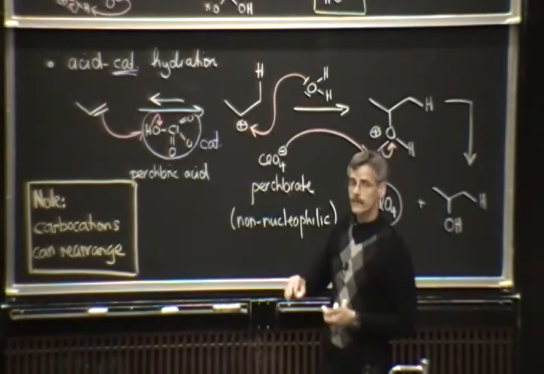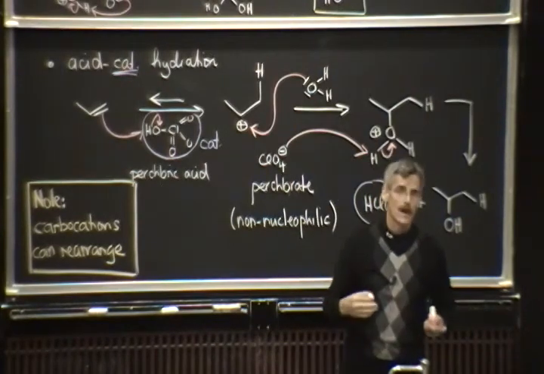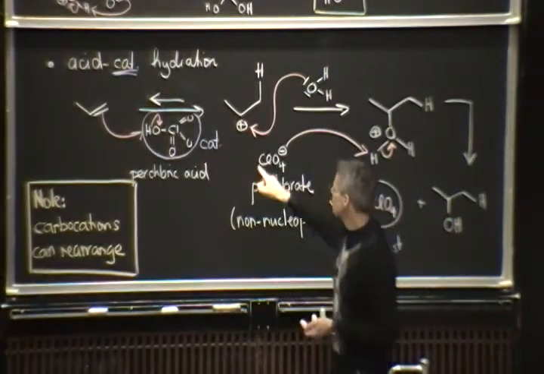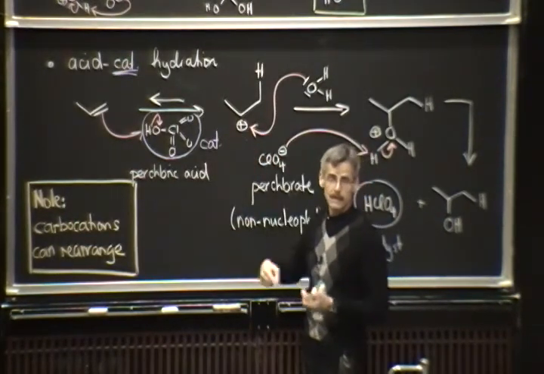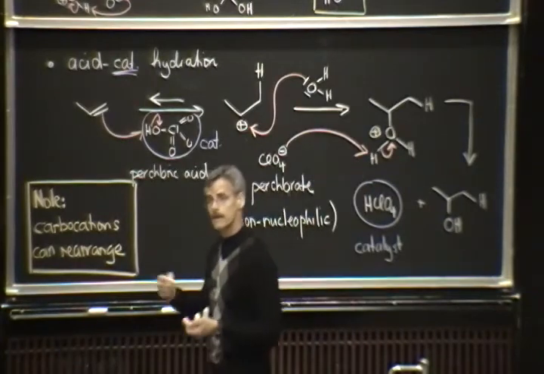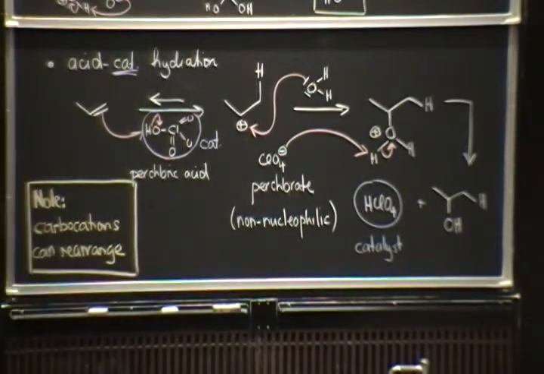So I use a simple example to illustrate the principle, but if you have a more highly substituted system, these intermediates could rearrange and form a tertiary carbocation, and then that would be a competitive pathway that might give you, again, another product. And so by the selection of what acid you use, you might actually be able to influence the rearrangement, maybe trap the intermediate before it rearranges, or have a complete rearrangement taking place, and so on. Okay. So there's lots of ways to manipulate the reaction so that you get different products.